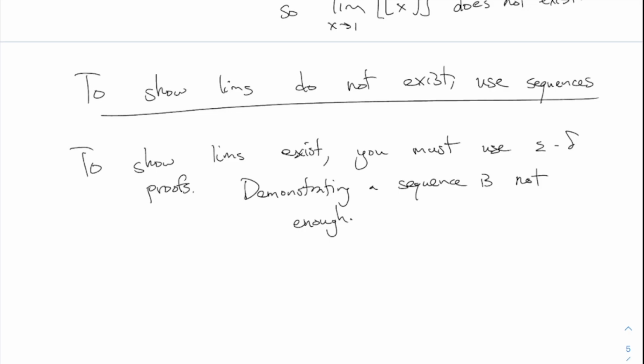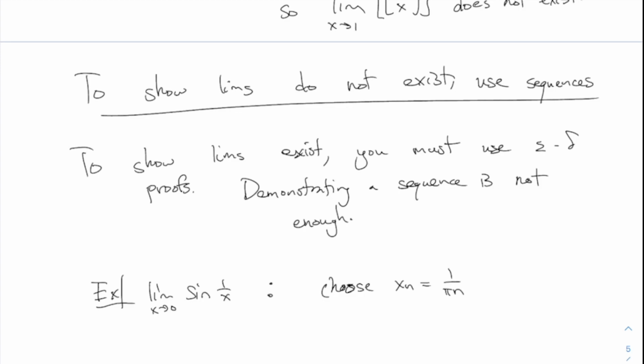So, for example, if I consider sine of x, well, really sine of 1 over x is a better example, because we already talked about this. Lim x goes to 0 of sine of 1 over x. If you do this using a sequence, I can choose xn going to 0, I mean xn equals 1 over pi n.